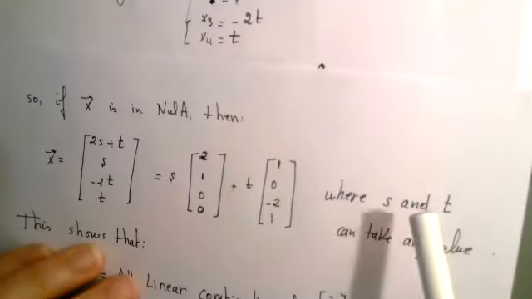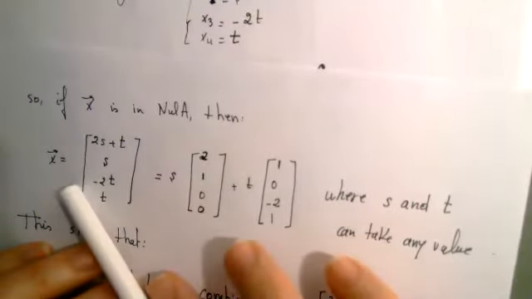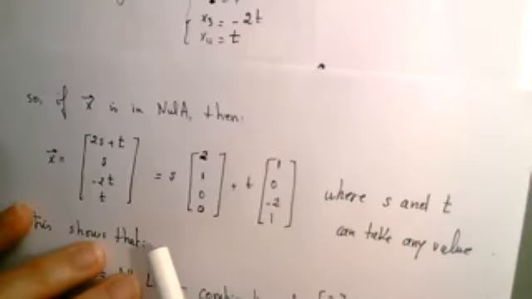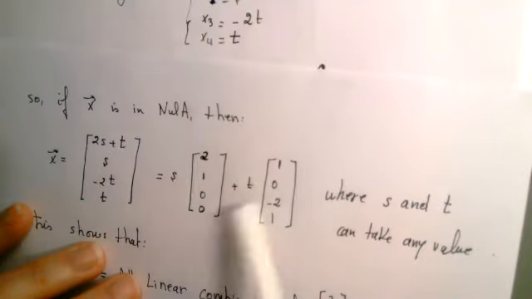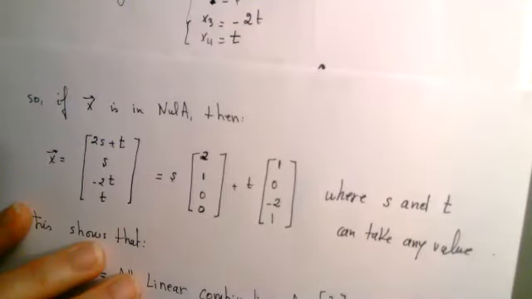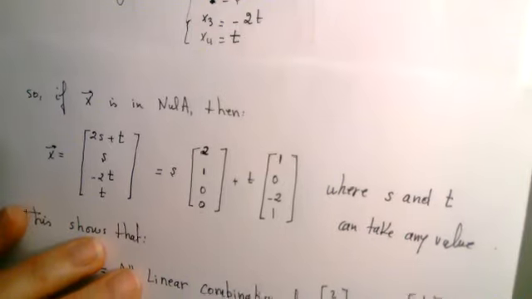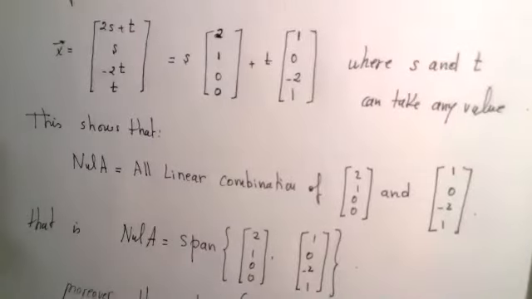So what does this tell me? It tells me that every vector in the null space, meaning every vector that solves the system, is a scalar times this plus a scalar times this. Will this be enough to give me a basis for the null space? Let me move a little bit further.